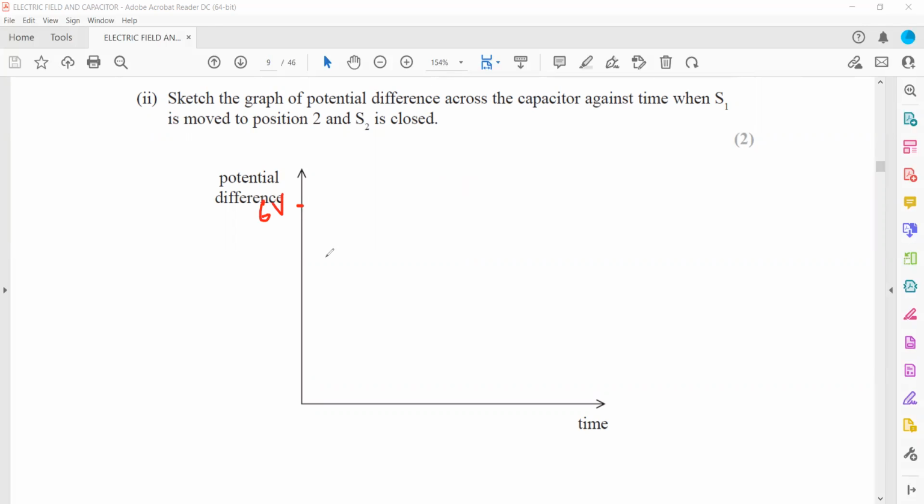Then it starts to discharge until the capacitor reaches 0.7. So the change is exponential, but it should not touch the x-axis. Why? Because the voltage across the capacitor is not 0. So there is an exponential change, but it should not touch the x-axis.